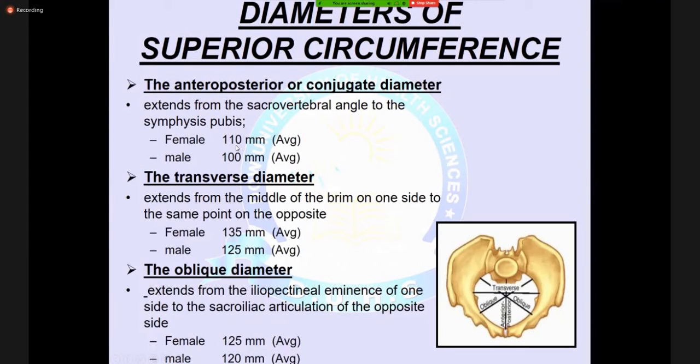The female measurement is 110 millimeters compared to the male, which would be 100 millimeters on an average. Similarly, the females have a larger transverse diameter compared to males, and the same applies to the oblique diameter, which is relatively larger in the females compared to the males.